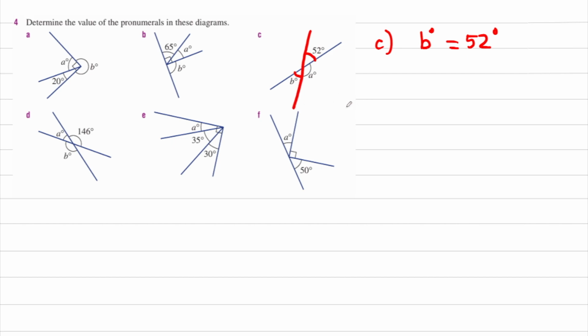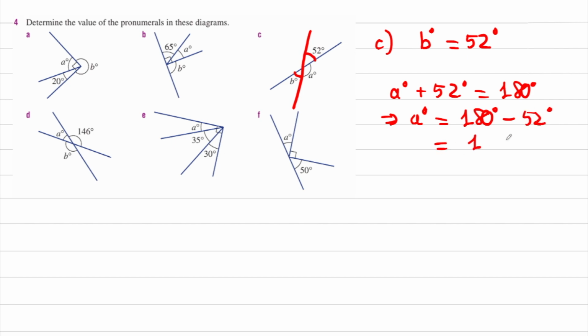A straight line means 180 degrees. So A degrees plus 52 degrees equals 180 degrees. And then A degrees equals 180 minus 52 degrees, and then you get 128.